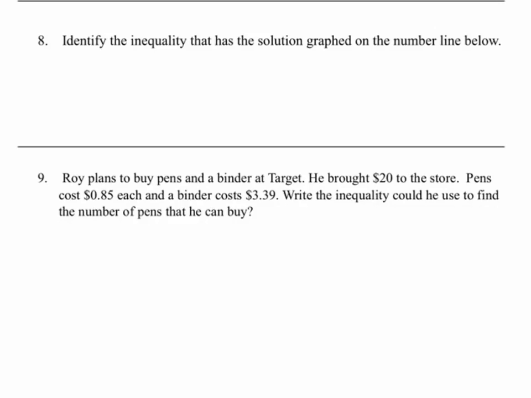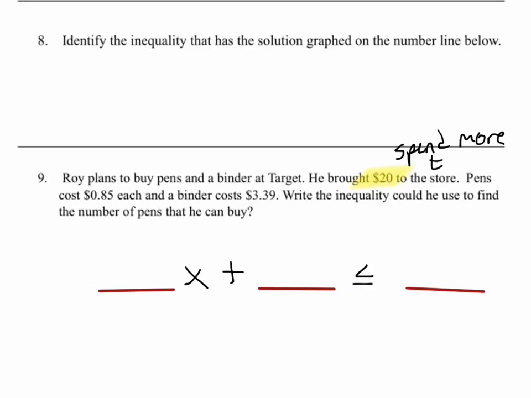You're going to look at, it's going to look, again, an equation. Right? So, plus something times x, and then it's going to have to be less than or equal to, because you cannot spend more than what you have.